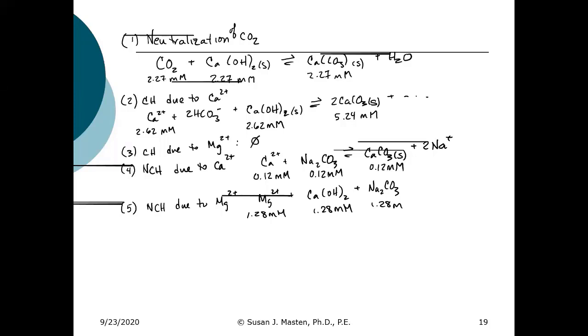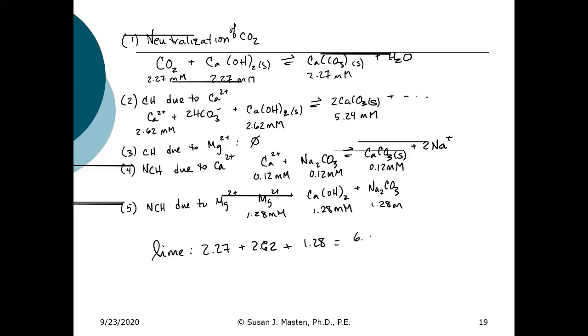So when we calculate the amount of lime that we need, we needed 2.27. We needed 2.62. We didn't need any lime for the fourth reaction. We need 1.28 here.